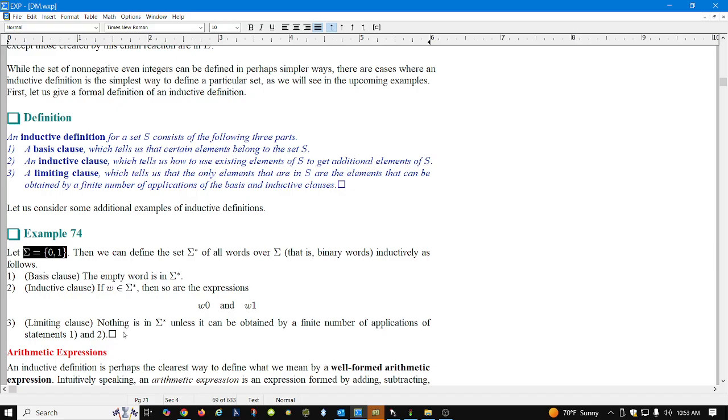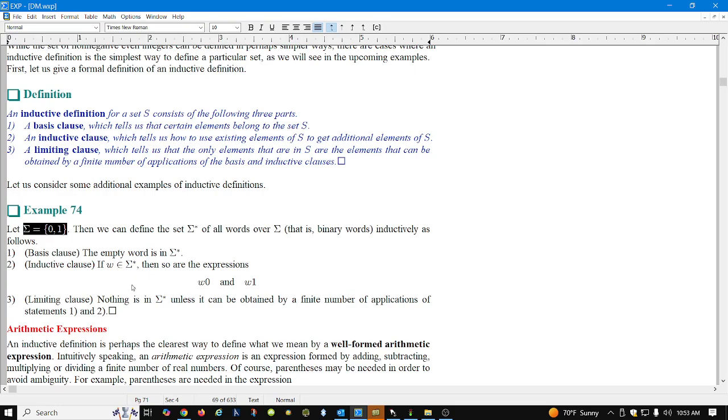The inductive clause says that if W is a binary word, then so are the words we get by tacking on either a 0 or a 1 to the end of the word. And the limiting clause: nothing is in sigma star, the set of binary words, unless it can be obtained by a finite number of applications of 1 and 2.